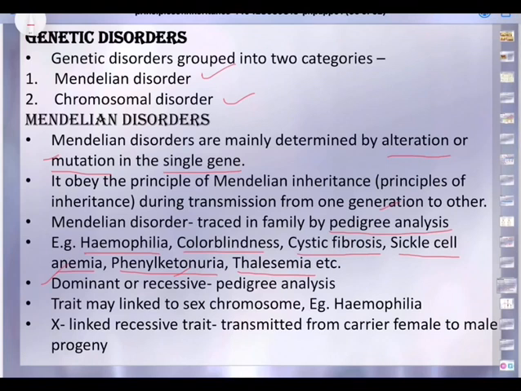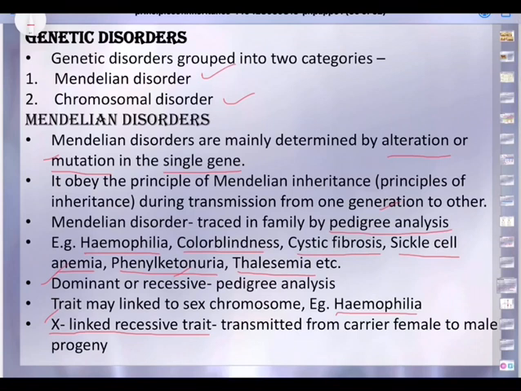So pedigree analysis will tell us whether the listed genetic disorder is because of a dominant gene or recessive gene. It also tells us whether it is an autosomal disorder or sex chromosome linked, an X-linked recessive trait.